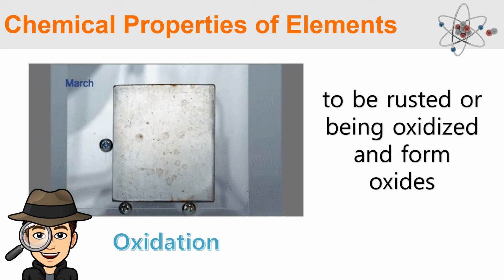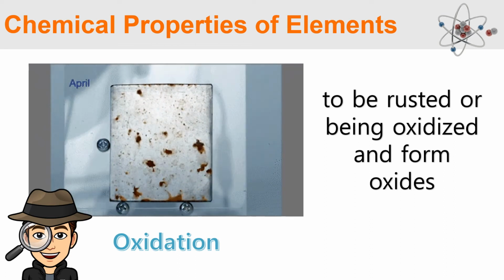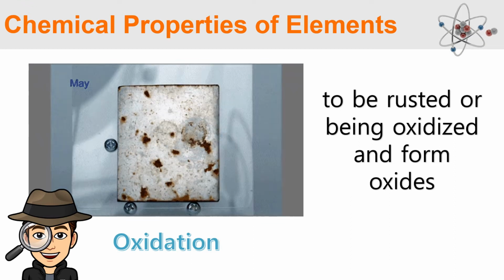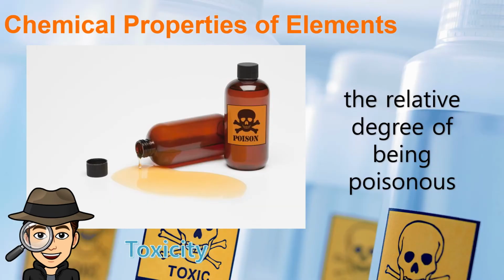Here is a clear example of how metals react to an environment exposed to oxygen. Another chemical property of elements is toxicity. This refers to the relative degree of being poisonous.